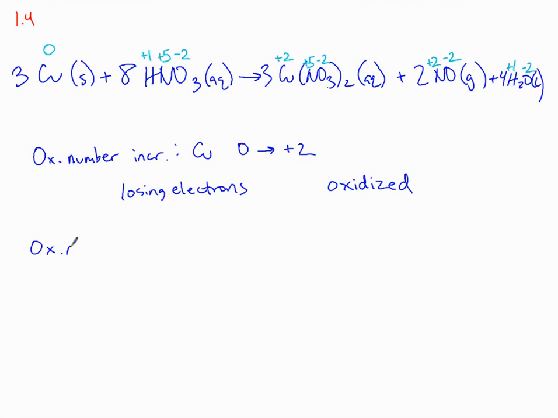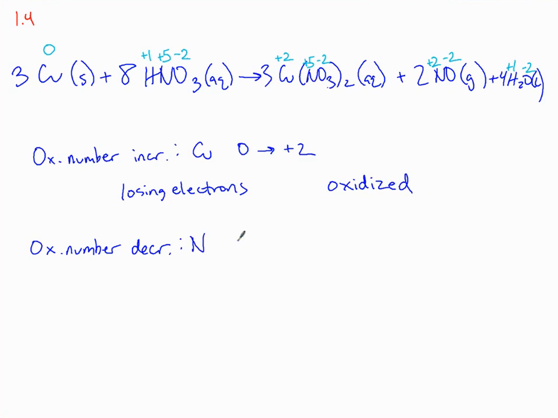Which element has an oxidation number that is decreasing? So let's see here. Hydrogens are staying the same, oxygens are staying the same, nitrogen, here's the same, here's different. Decreasing, it is going from 5 to 2. It is becoming more negative.